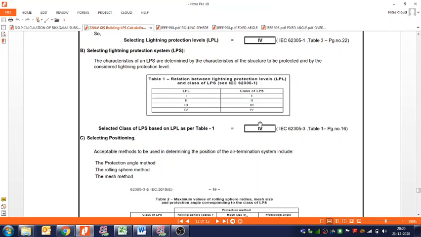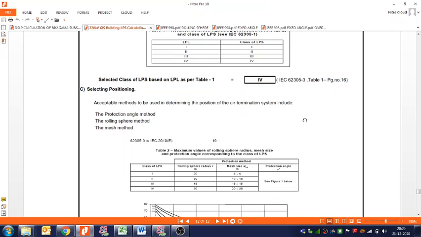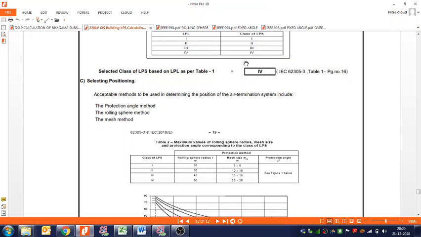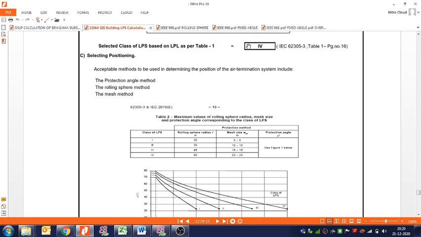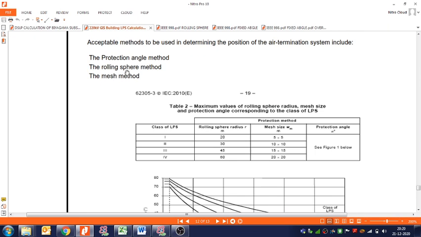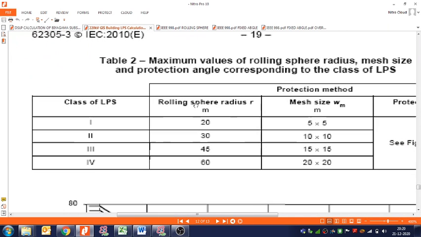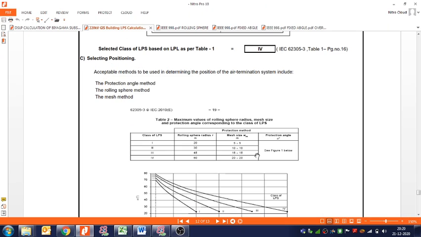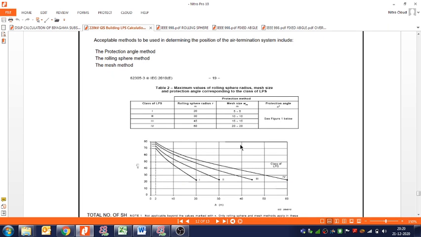So in class 4, based on this class we determine the rolling sphere radius and the mesh size, the mesh that we make on the GIS building roof.